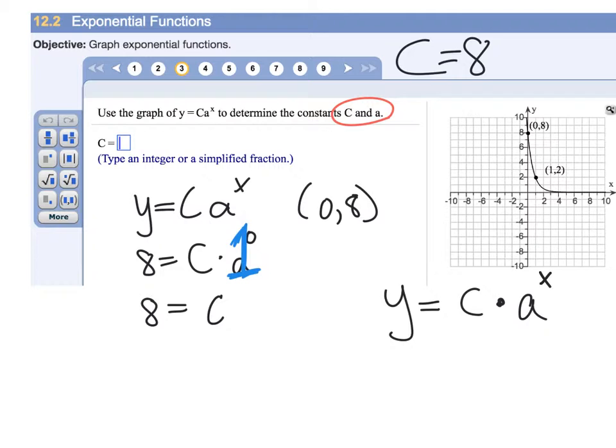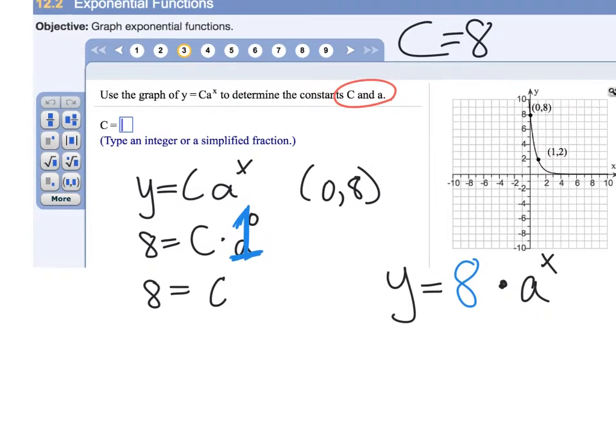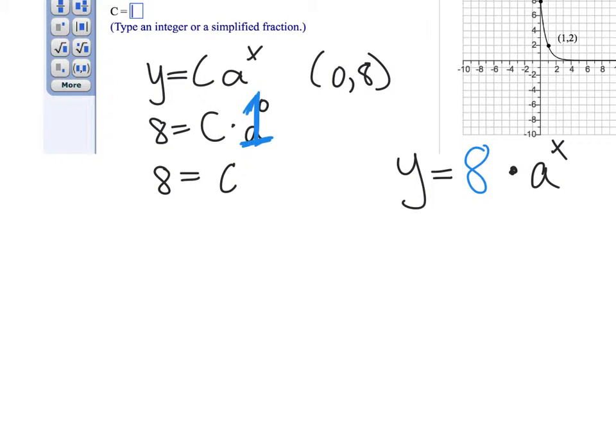But we now know that C is 8. So that means I can take that C, get rid of it, and I can replace it with an 8. All right, so there we go so far. And that's this part. So now that we know that C has to equal 8, our equation is y is equal to 8 times A raised to the x power.